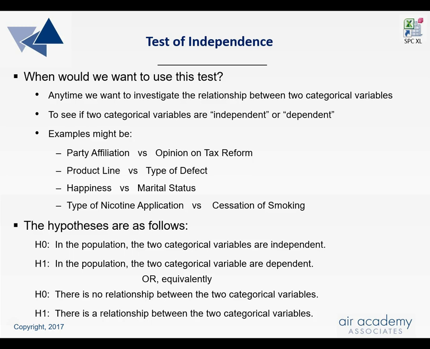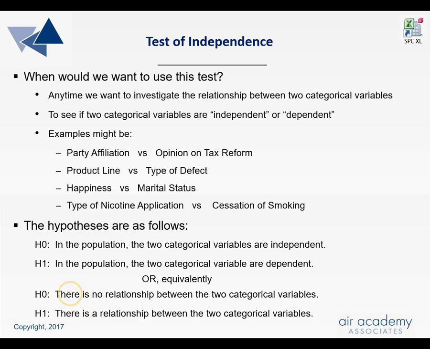That is, we will assume independence until proven differently. Equivalently, these hypotheses can be set up as follows. H0, the null hypothesis: there is no relationship between the two categorical variables. And H1: there is a relationship between the two categorical variables. So either one of these two hypothesis setups is deemed appropriate in a test of independence.